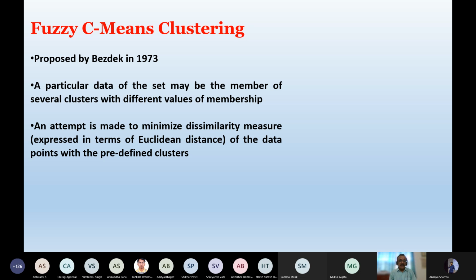Now here in this clustering, as I told, this is based on similarity. So what we do is we try to minimize the dissimilarity measure between the data points. Now how to measure the dissimilarity?